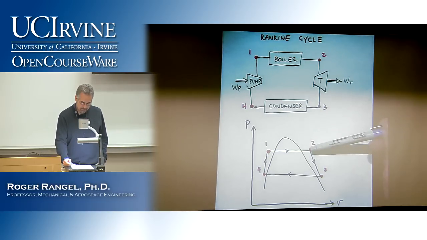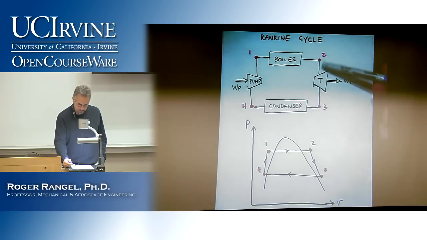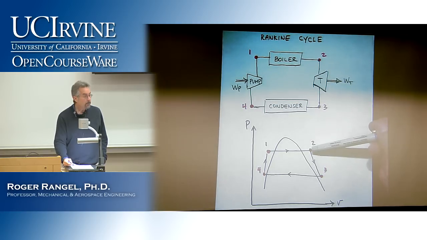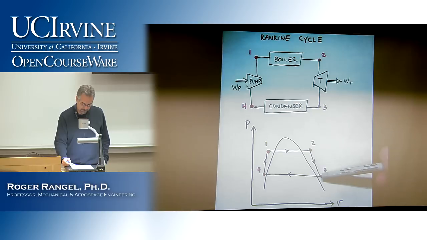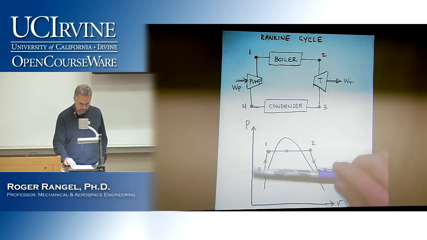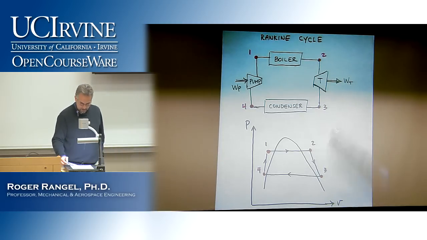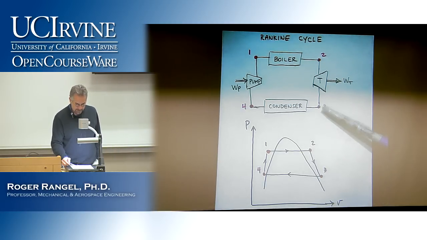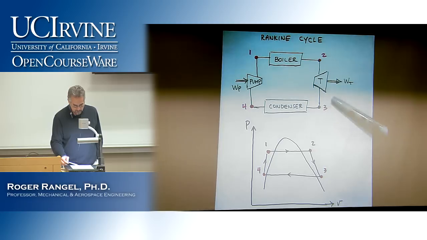Now we have a superheated vapor that is coming out of this boiler. Then it goes through the turbine, comes in as a high pressure superheated vapor. It may come out still as a superheated vapor, but at a much lower pressure. Right? So the pressure here at the bottom is lower. And then that vapor, the slightly superheated vapor, as you can see here in 3, is put through the condenser.